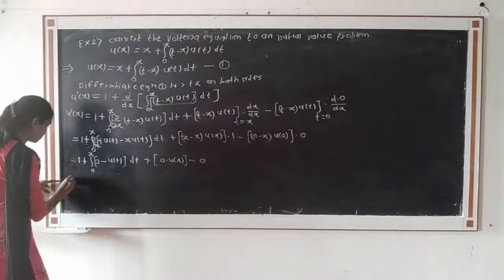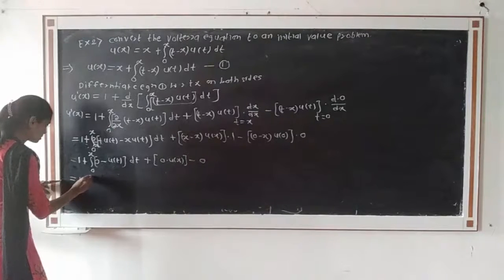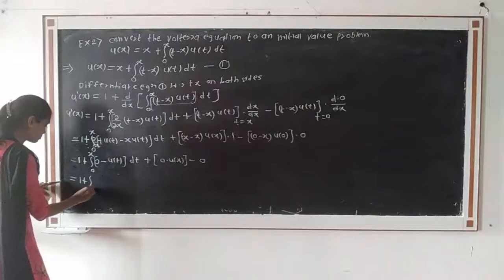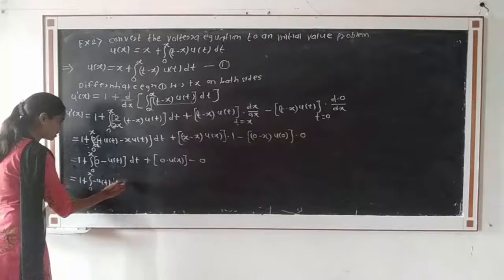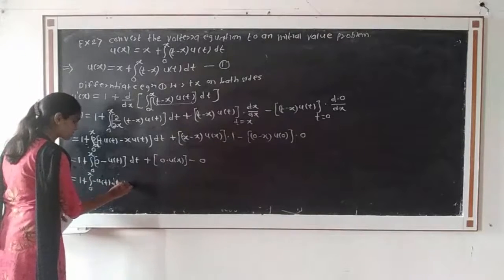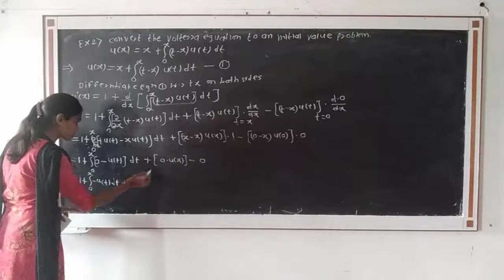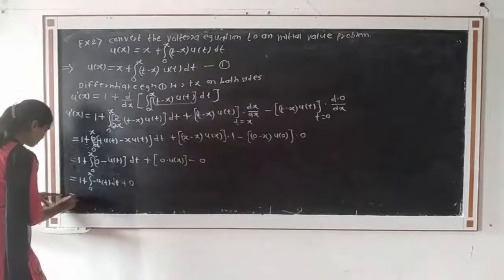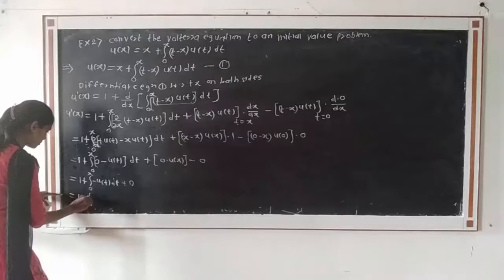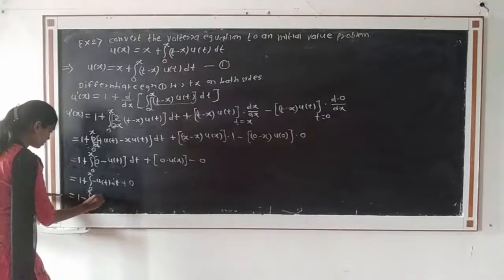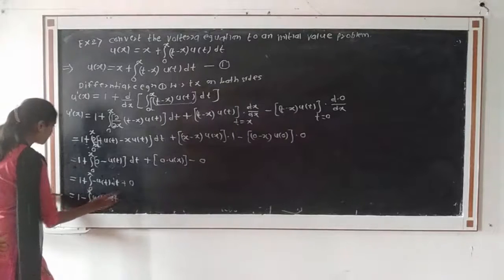That is equal to 1 plus integration from 0 to x of minus u of t dt, plus this term becomes 0 minus 0. We write the minus outside, that is minus integration from 0 to x of u of t dt.